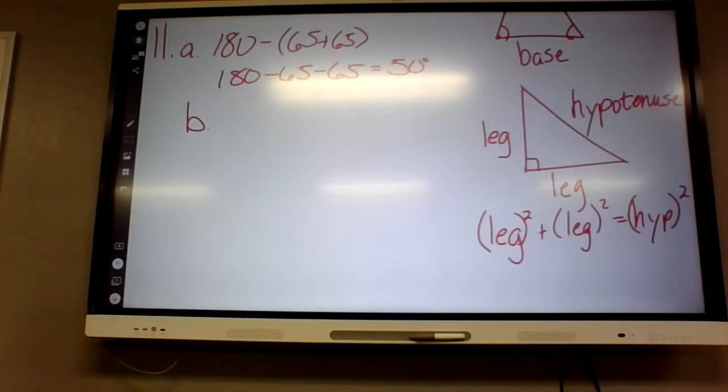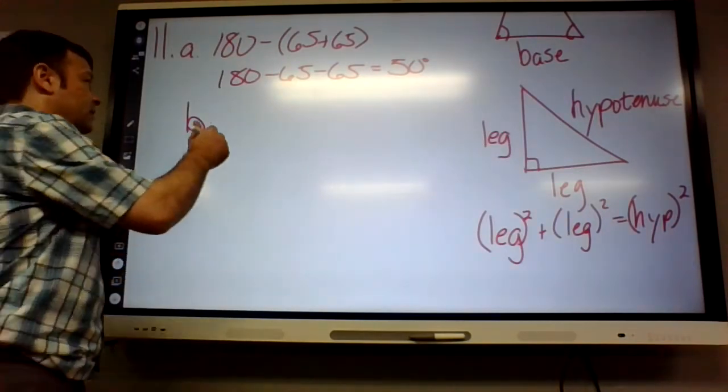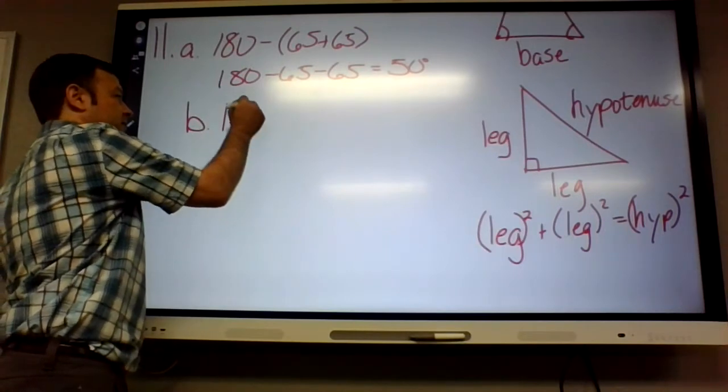Okay, Cadence, how could we find angle ACD? Angle C is 180 minus 65. Yes, it's a linear pair with that 65-degree angle. What is 180 minus 65? 115.